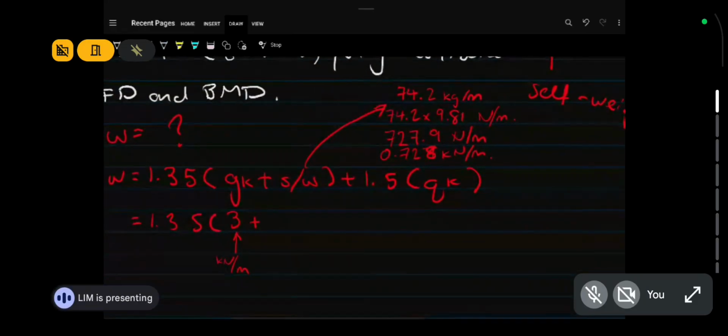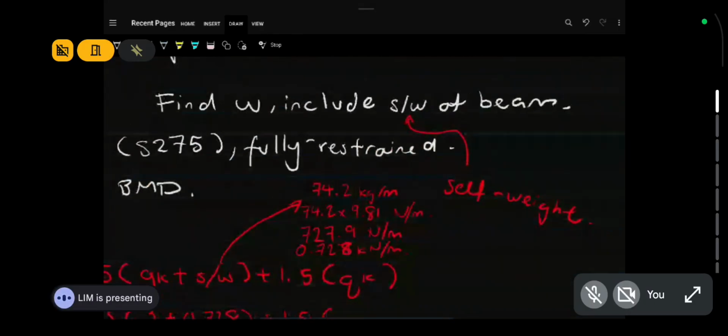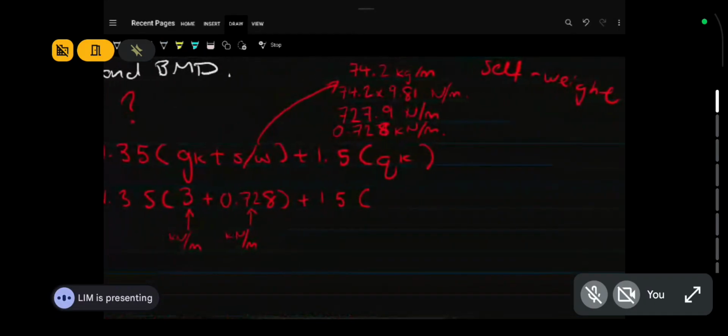Now the unit is the same, it's also kilonewton per meter. So now you can put this in there. So 1.35 times 3 plus 0.728, plus 1.5 QK. QK is what? 10.